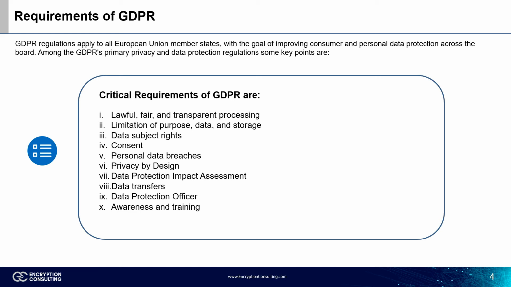Organizations have to ensure personal data is protected and GDPR requirements are respected, even if a third party doesn't. Number 9, data protection officer. When there is significant personal data processing in an organization, that organization should assign a data protection officer. And number 10, awareness and training. Organizations must create awareness among employees about the crucial GDPR requirements.